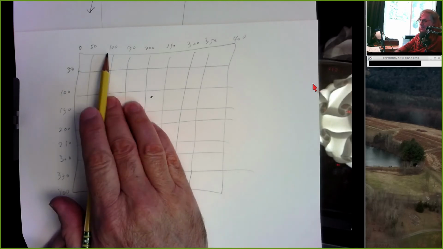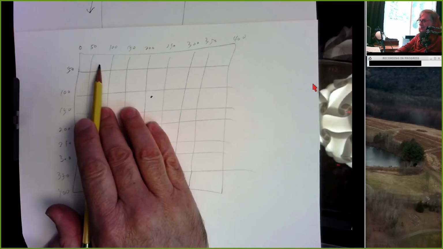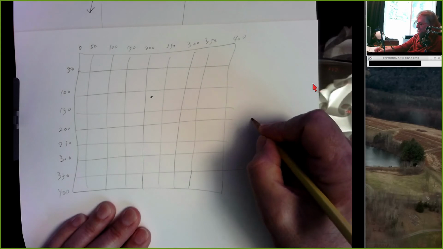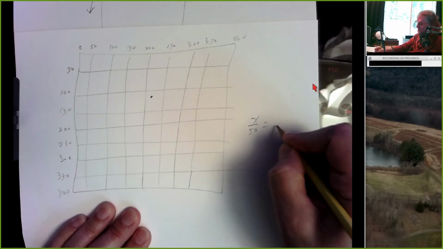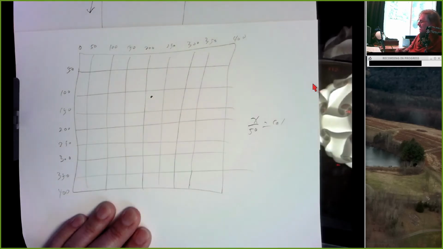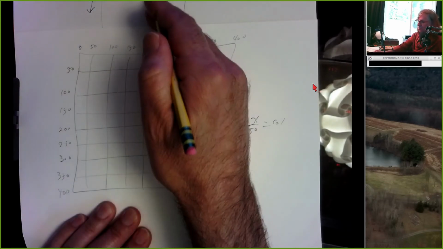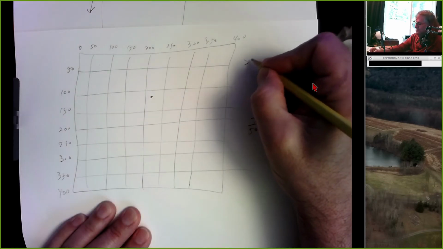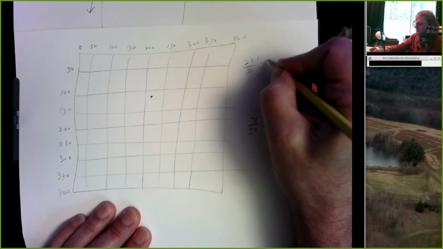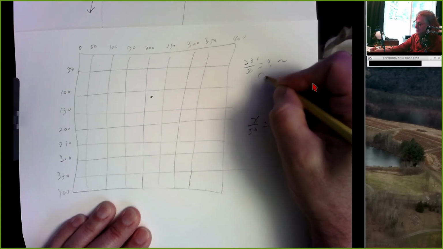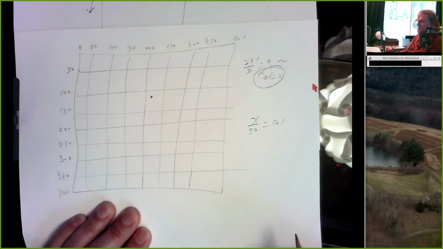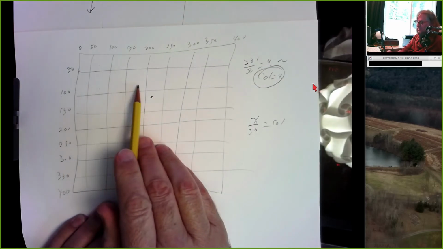Everything from 50 to 99 is going to be in column 1. So if we take x divided by 50, and we just take that as an integer, that's going to be our column. So 231 divided by 50 is 4 point something. Our column is going to be 4. 0, 1, 2, 3, column 4.